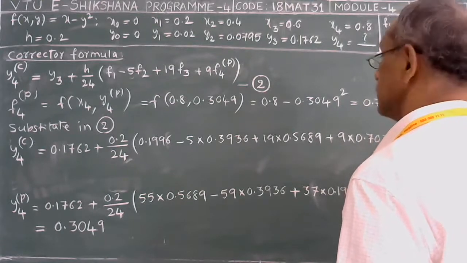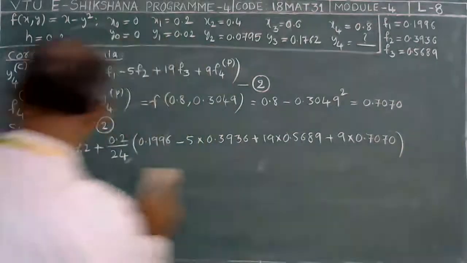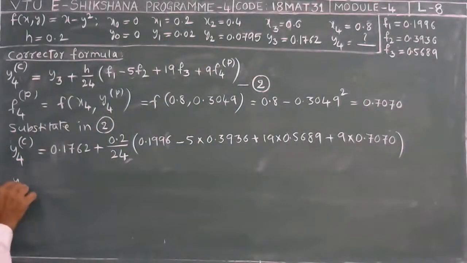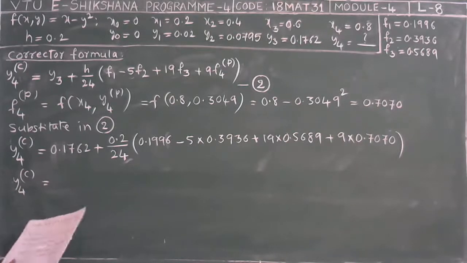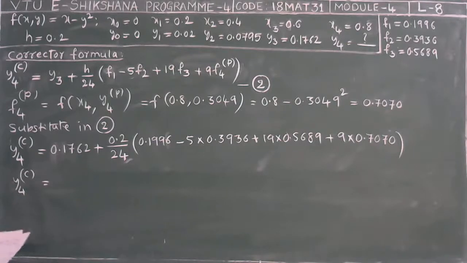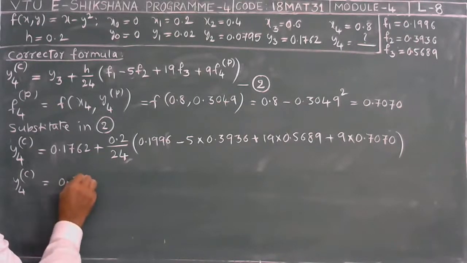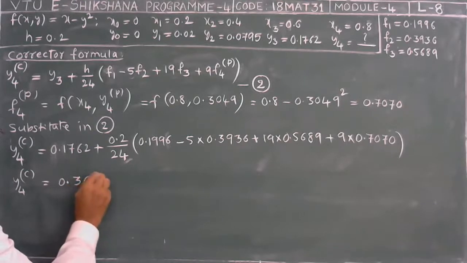Okay. To compute this, if you compute carefully, y4c will be 0.3045.